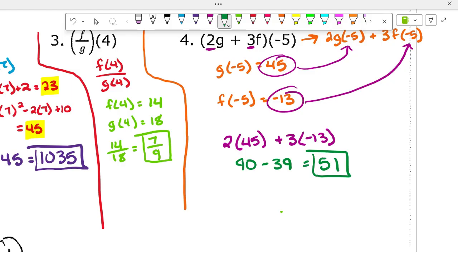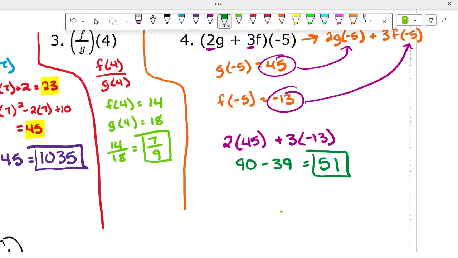So, why I'm taking the time to go through all this, all right? I can guarantee you will see at least one of these like this on your test. So, the steps for this is evaluate each function separately. So you're plugging that number in for x into both functions. Then do any operations that they have.